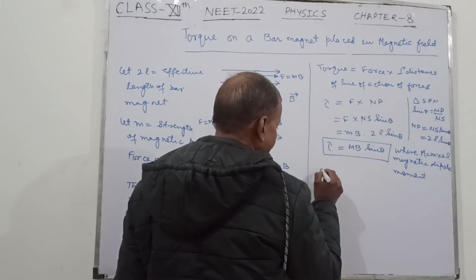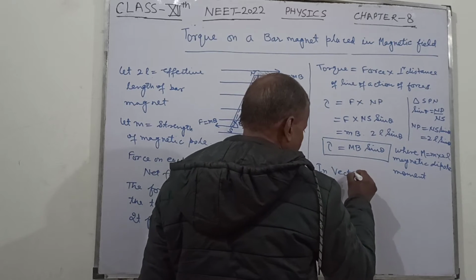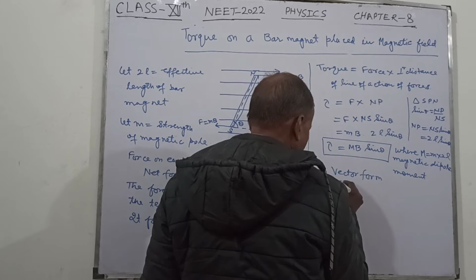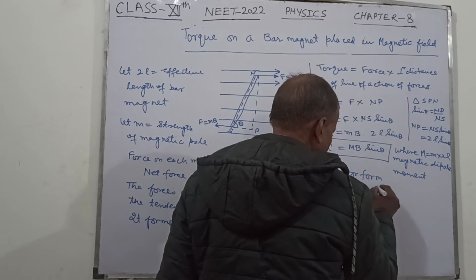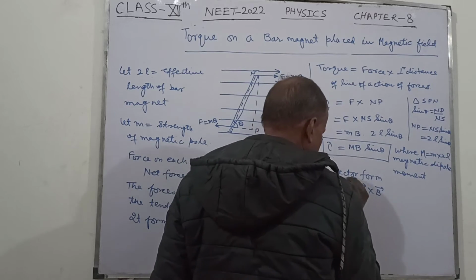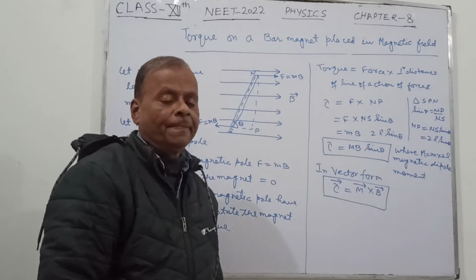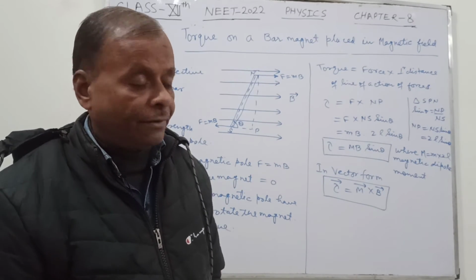So in vector form, this torque is equal to M cross B. This is the cross product of the magnetic moment and the magnetic field.